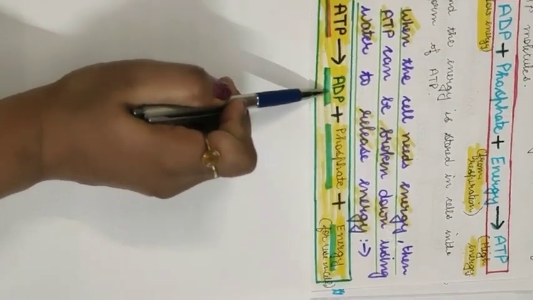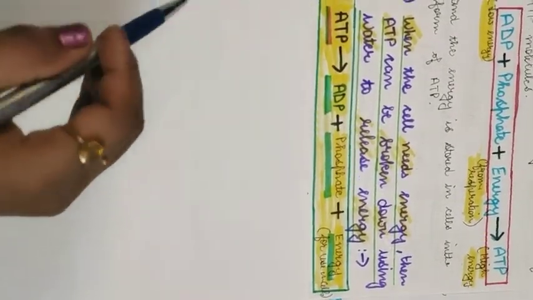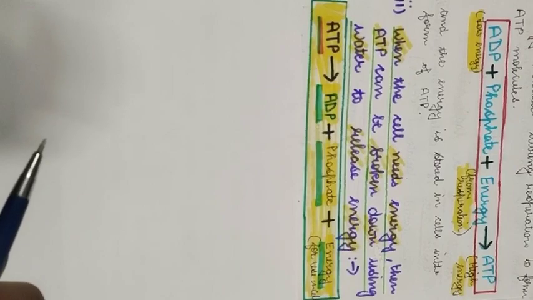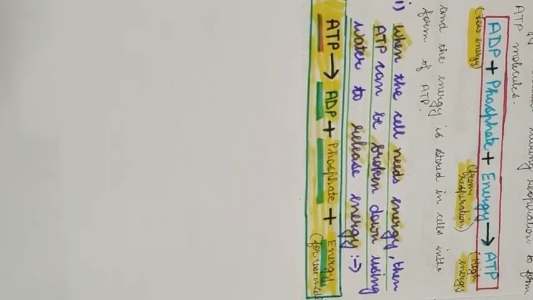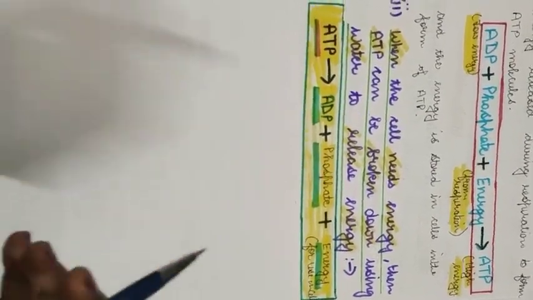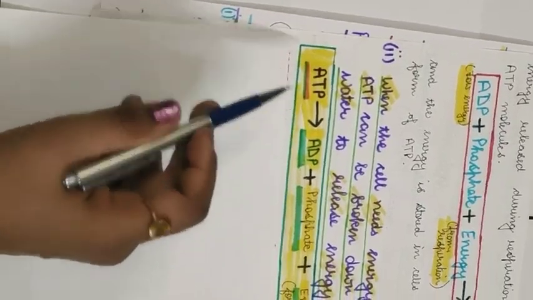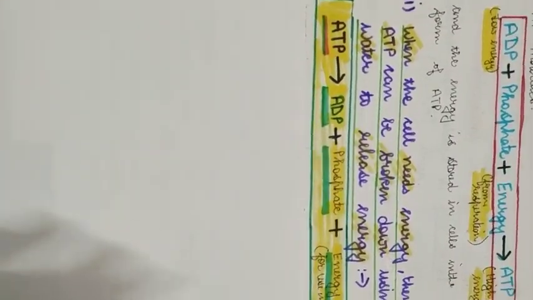ADP can be converted into ATP by absorbing the energy during respiration, and then ATP converts back into ADP by releasing the energy, which is used by the cell again and again.